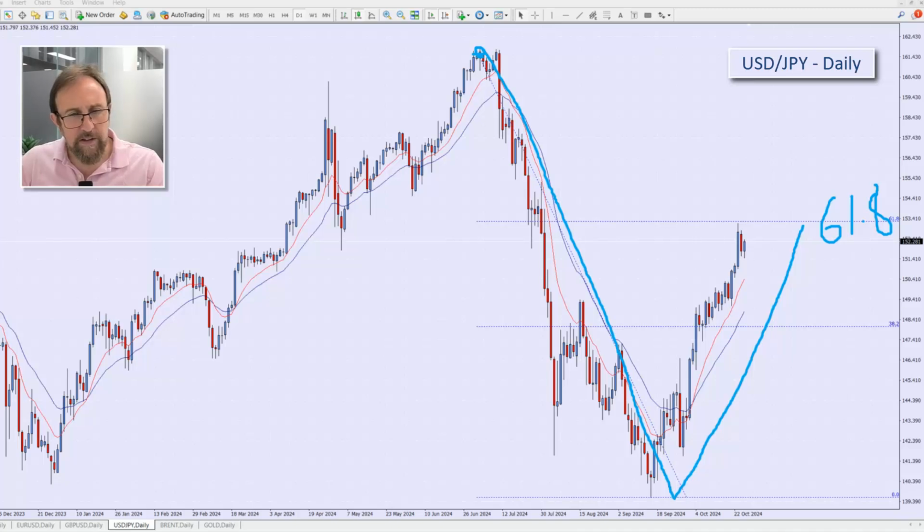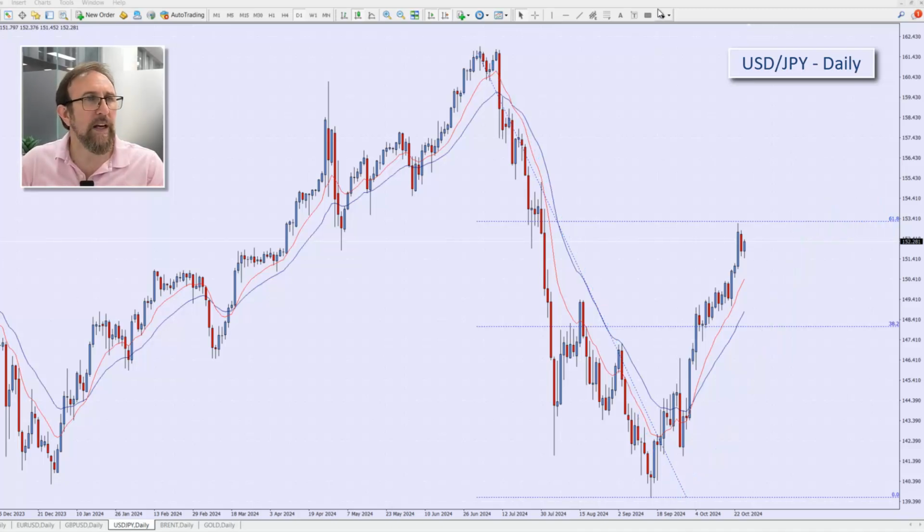So if there's anyone that's a little bit more aggressive and believes in Fibonacci retracements, there is a trade there to basically trade back in this direction. But I'll leave it at that. I don't normally talk about fib levels, but it's the only thing that I can see on the US yen. If you feel comfortable with it, then by all means go for it.